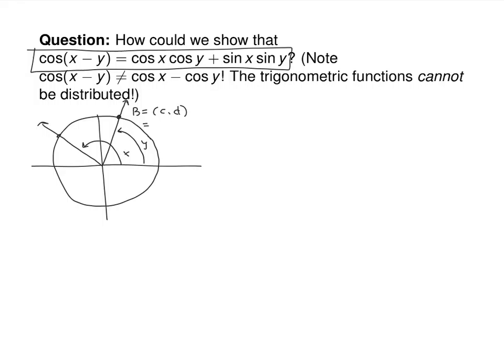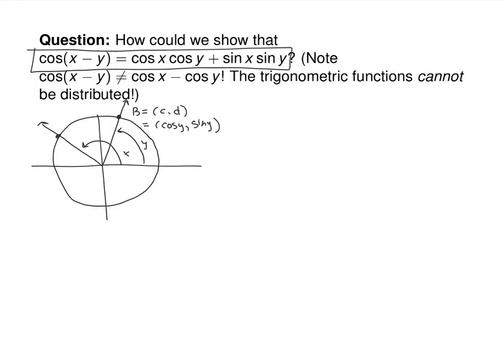Does it make sense that C will be cosine of y and D will be sine of y? Remember that on the unit circle, the x coordinate is cosine of the angle, the y coordinate is sine of the angle, right?